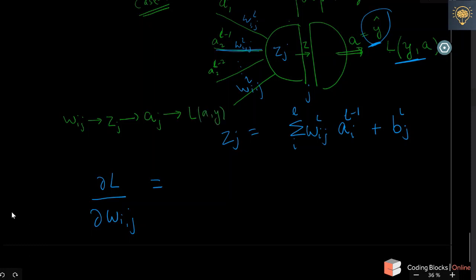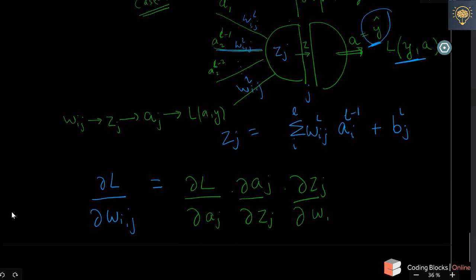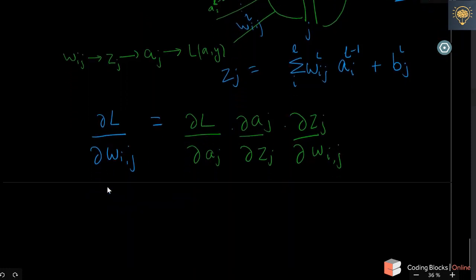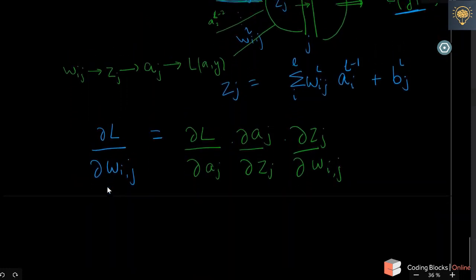So using chain rule, it is going to be the derivative of L with respect to A_j, times the derivative of A_j with respect to Z_j, times the derivative of Z_j with respect to W_{ij}. Is this clear? Because loss is a function of A_j, which is a function of Z_j, and Z_j is a function of W_{ij}. So this is nothing but the chain rule.